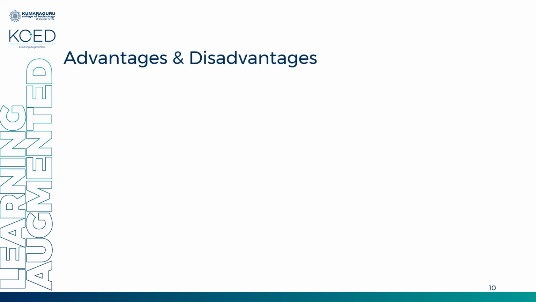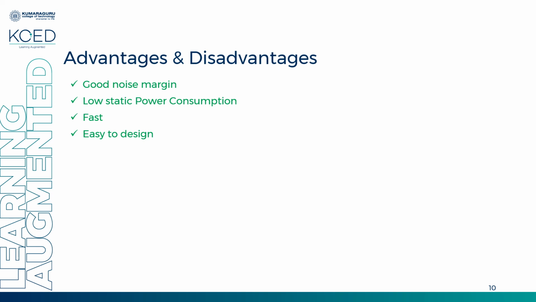We will see some of the advantages and disadvantages. One of the main advantages: low static power consumption and good noise margin. Okay, so why good noise margin? You would have already learned what is noise margin. You would have learned what is VIL, VIH, VOH, VOL.